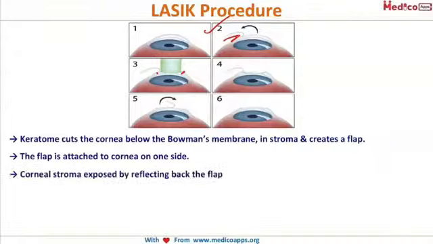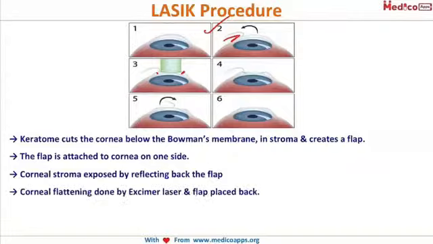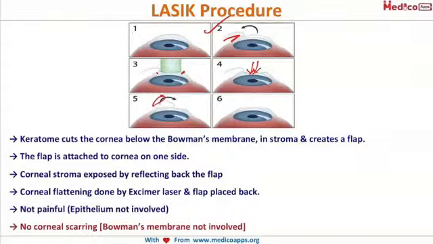Okay, once the flap is reflected back, this excimer laser is used to ablate the cornea. Once the ablation of the corneal stroma is finished, the flap is placed back into its position and it heals back naturally. So we have seen that it is eliminating the pain and corneal scarring. Okay, is this procedure clear?